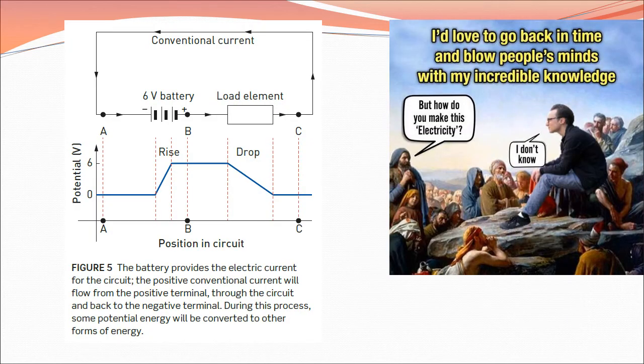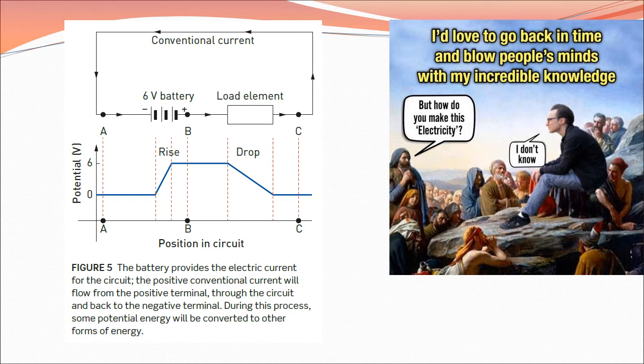So when we have a circuit, we must have a source of EMF and we must have a resistive element that uses up our electrical energy. If we trace the path of an electron as it goes through our circuit from A to B to C, we see that the electron is coming into our battery with no electric potential. So it has 0 volts left as it's passing back into the battery.